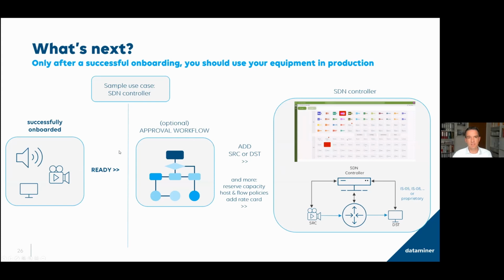You can do that once it's ready, but more often you need an additional approval workflow. So there's another process coming. It's all about automation, maybe sometimes in between with some extra approval workflows where somebody says, yeah, that's a new camera, I want to add it as a new source to my SDN controller. And only then start using the connectivity via ISO 5, ISO 8, or again via proprietary API.